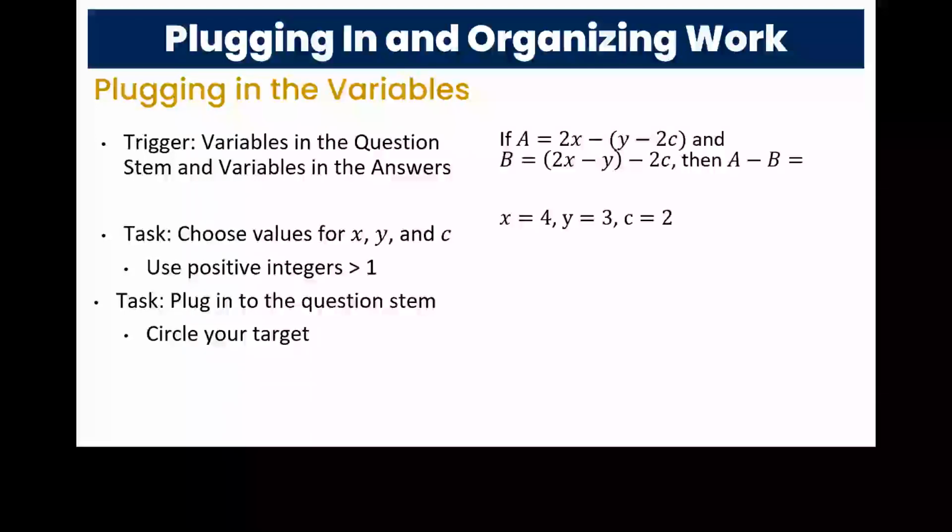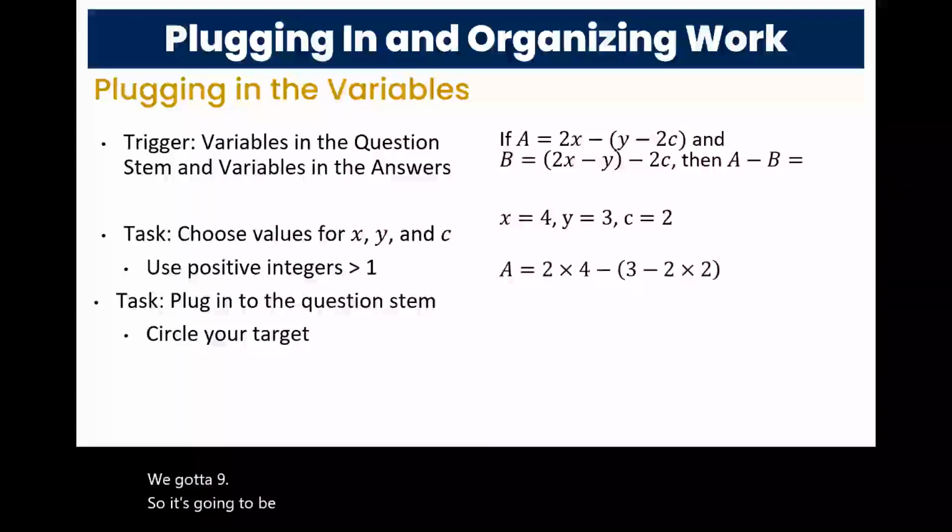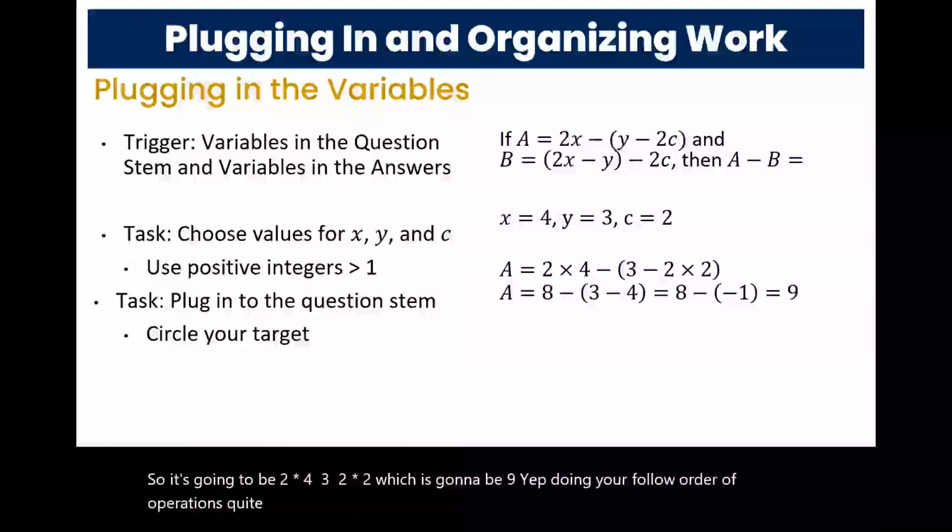We got a 9. So it's going to be 2 times 4 minus 3 minus 2 times 2, which is going to be 9. Yep, following your order of operations quite well. So a equals 9.